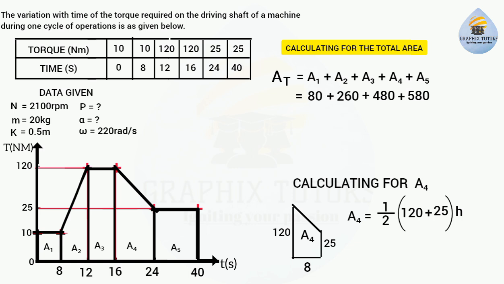Multiply by the difference in the time, 24 minus 16, which is 8. So the area will now give us 580 Newton meter.